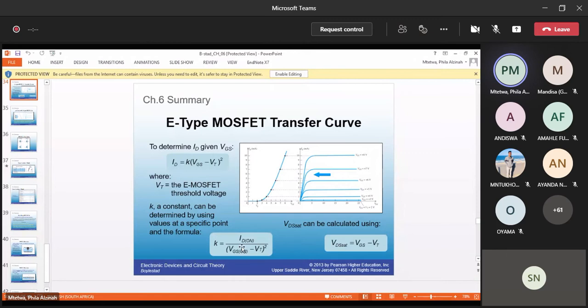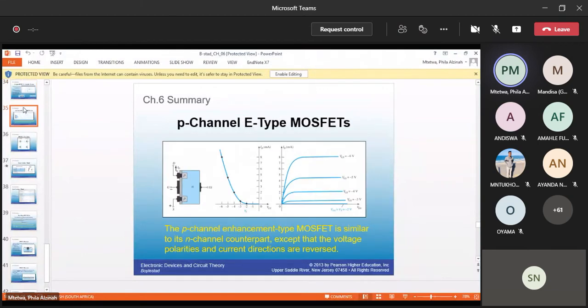This is a P-channel enhancement mode type MOSFET. The substrate there is N. So you have a P there and a P there, and you don't have a pre-existing channel again, and then the rest is the same.